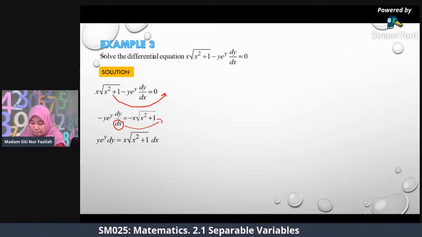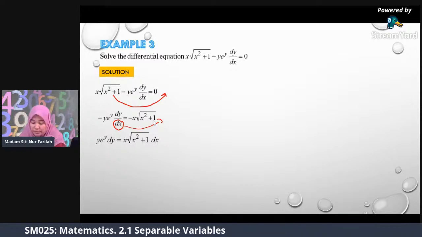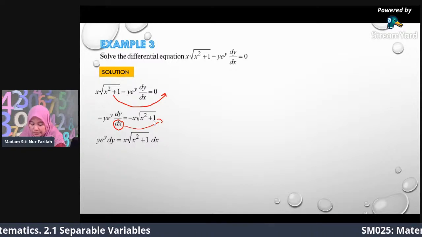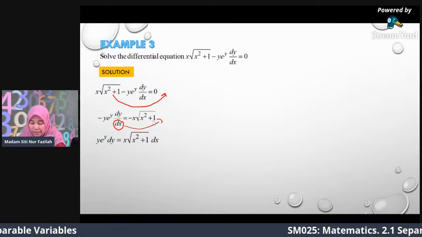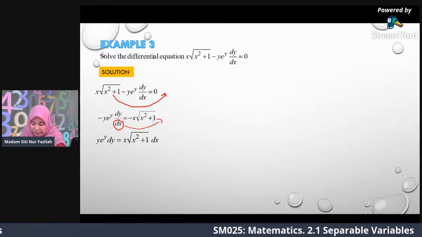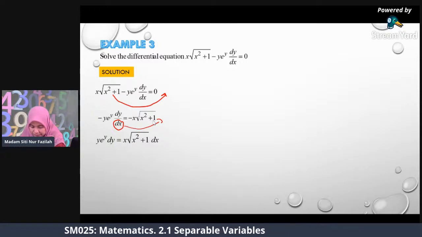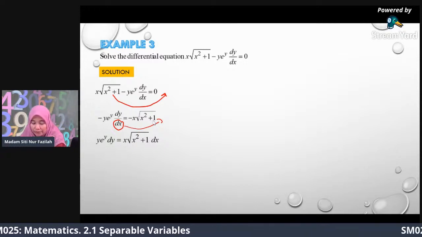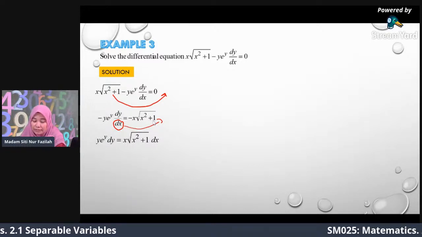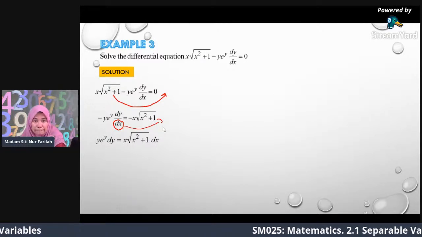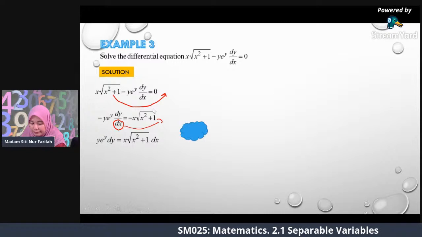We can get y e^y dy equal x√(x² + 1) dx. We have separated the function of y and the function of x. We have settled step 1.